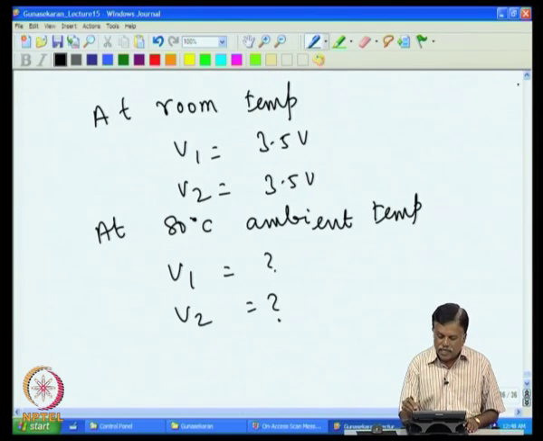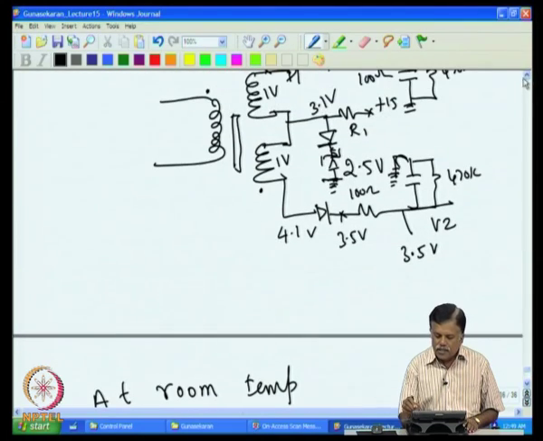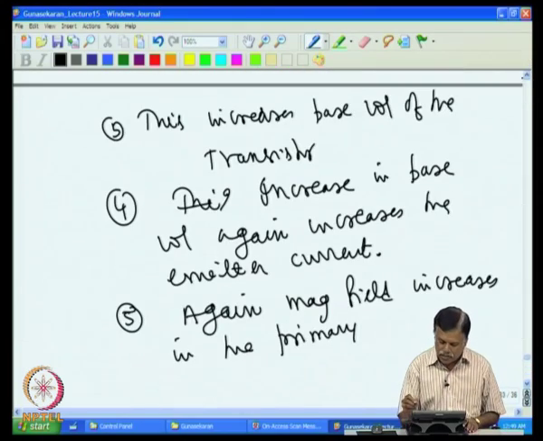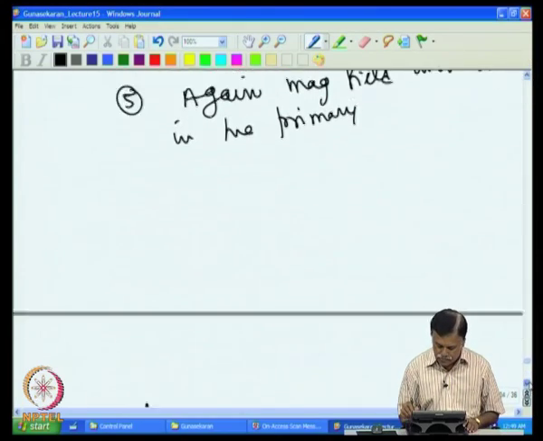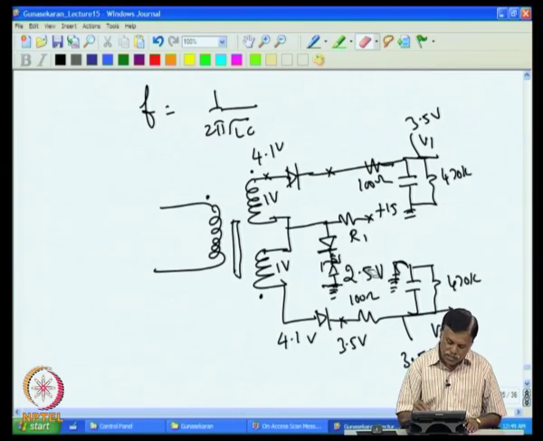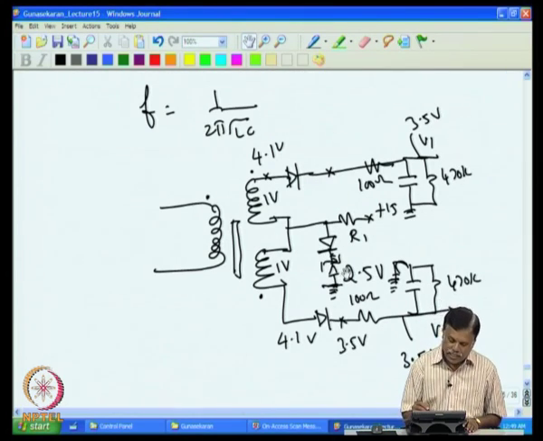So, if you go back and calculate at 80 degree, what is the voltage that is expected at this point? Now, you will see that this is 2.5, that remains constant, but the voltage across this, which we assumed as 0.6, is not at 80 degree, that is at 25 degree C. At 80 degree, what will be the voltage across the diode?